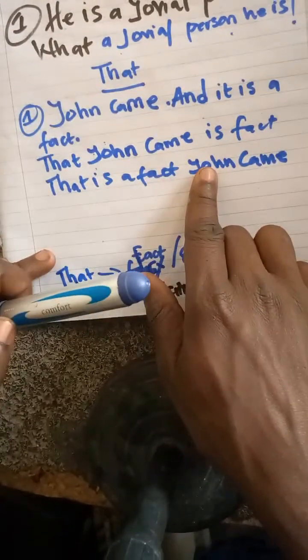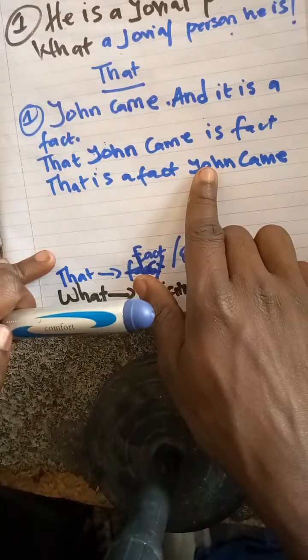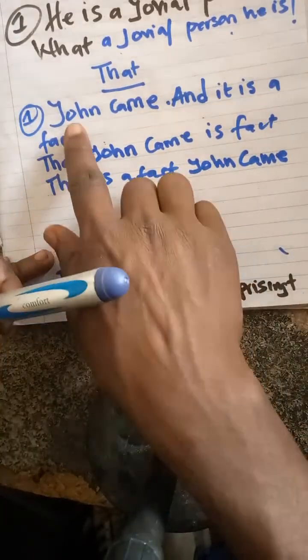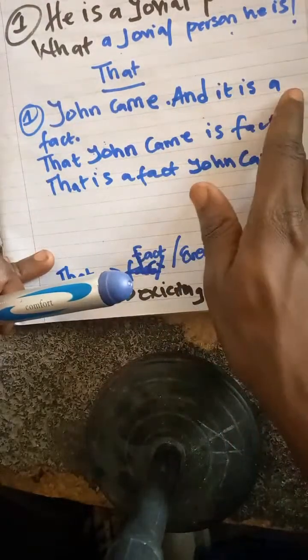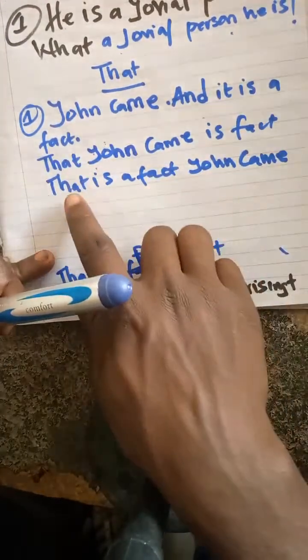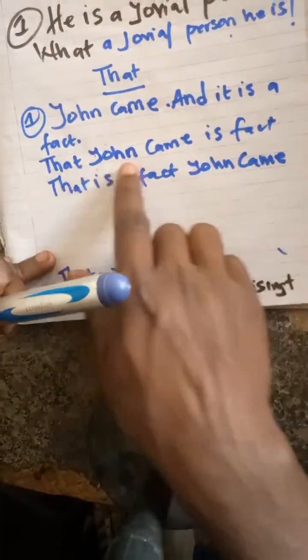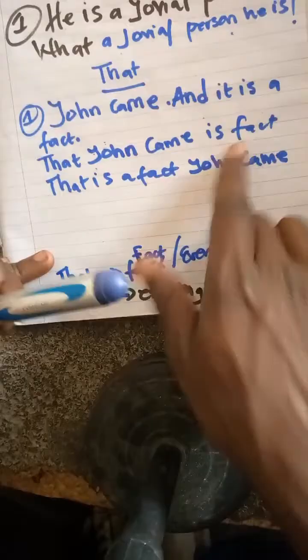You have seen, okay? That's why I was saying, go through, check your sentence. So that John came and it is a fact. So say, that is a fact, John came. Or that John came is a fact.